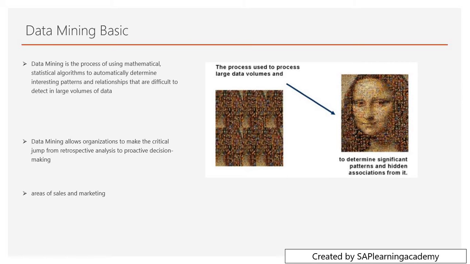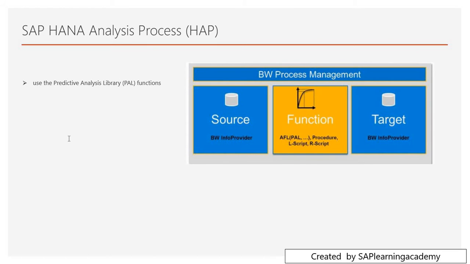Now we'll move on to the next slide. We'll mainly be talking about HAP, the SAP HANA analysis process. In this slide I depicted a picture. You can see that in this process we have the source, and on the other side we have the target, and in between we have functions.